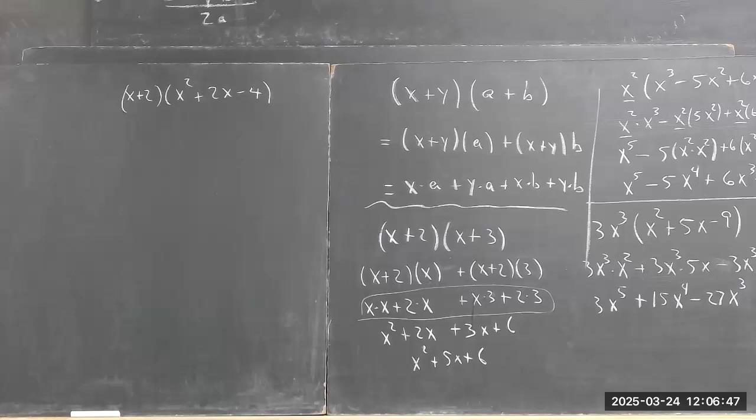What you want to do, this is not 2x, this is x plus 2, okay? You put x plus 2 in front of x squared. Can you do that? Just write x plus 2 times x squared. So that's what you were thinking. But yeah, that's not 2x. Okay. Then x plus 2 times 2x.